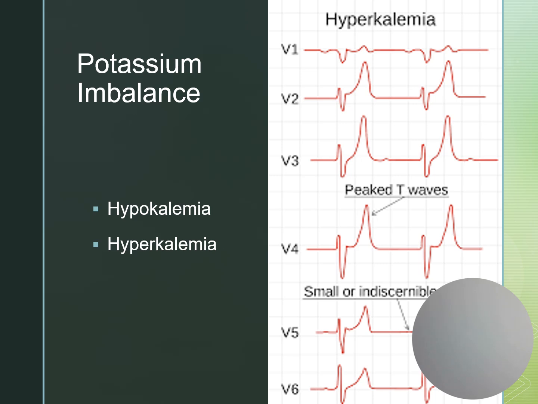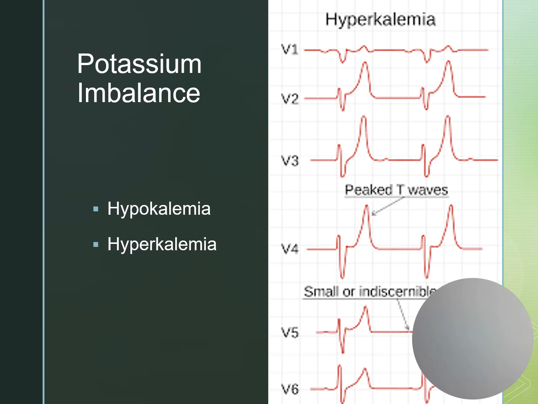Hypokalemia, so low potassium levels, are caused by those potassium wasting diuretics such as furosemide, GI tract fluid loss, again from nasogastric suctioning, drains, or vomiting, corticosteroids, IV insulin, and glucose.